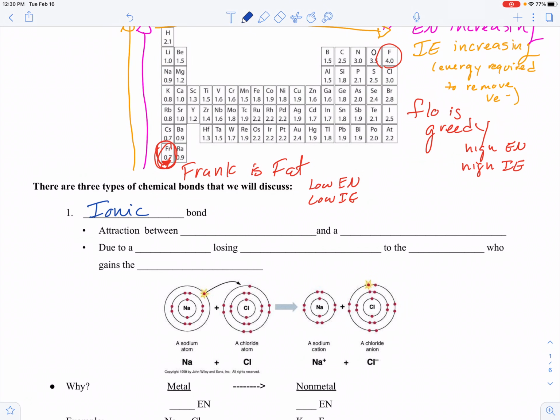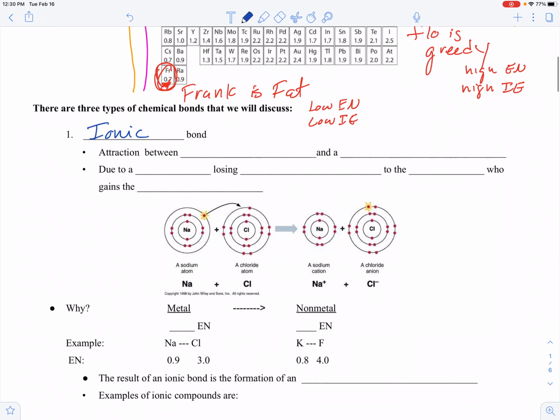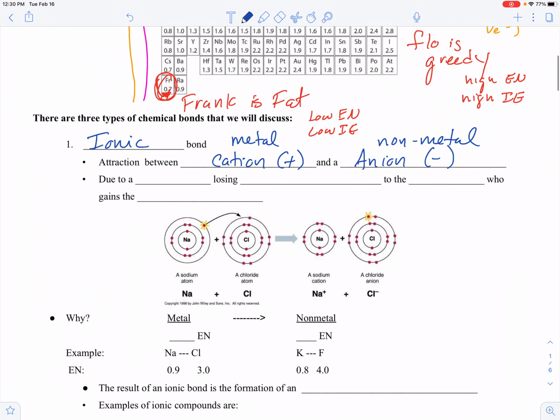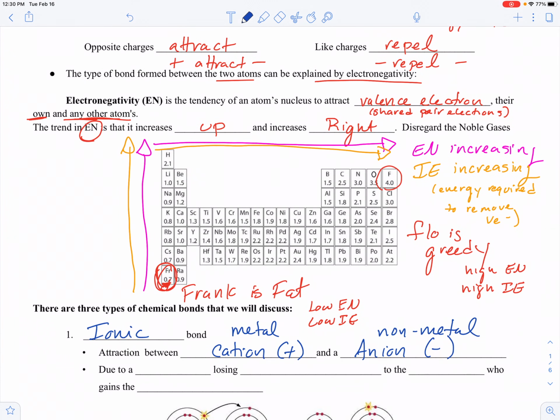So ionic bonds are the attraction between a cation, that's a positively charged ion, and an anion, which is a negatively charged ion. For us, that's going to be a metal bonded to a nonmetal for the most part. And that makes sense because when I look at my metals, remember family 1 is a 1+, family 2 was a 2+.